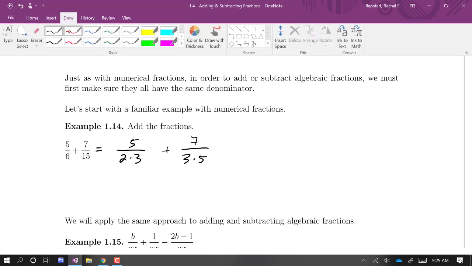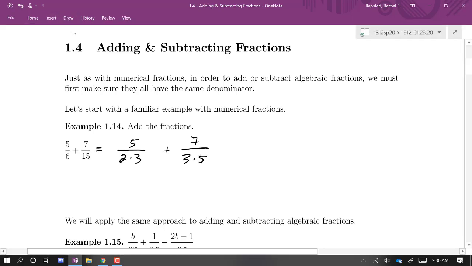Because if the denominator is factored, as you might recall from last term, all we have to do is make sure that both denominators have the same factors, right? So we look at this first fraction, and say, well, what's in the other denominator that's not here? What's missing?